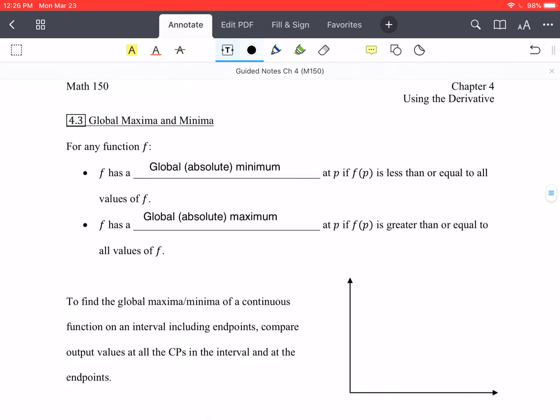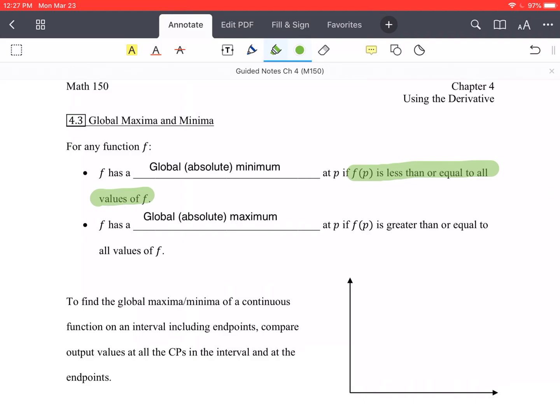So in terms of their definitions, the local maxes and mins and the global maxes and mins are defined very similarly. A global or absolute minimum means that this point is less than or equal to all values of f. When we were talking about local minima, that meant it was the smallest thing in its immediate vicinity, just everything around it. A global minimum is smaller than everything else.